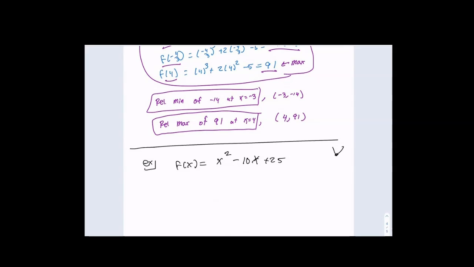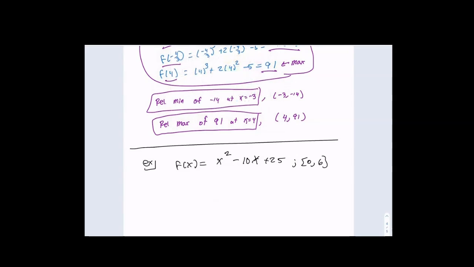I'm going to look on the interval. We're going to go on the interval 0 to 6. Okay, so my interval is 0 to 6. Now, I know the absolute minimum is going to occur at the vertex if the vertex is inside. I know that, but we're going to go through the process anyways.